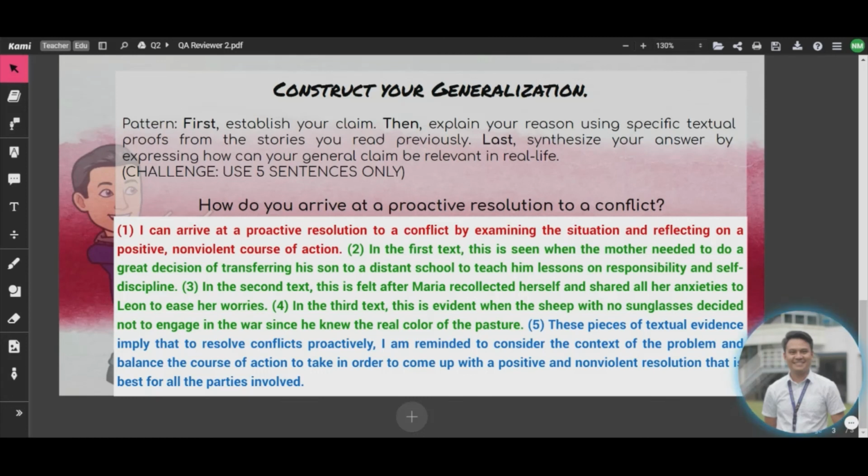That's a one-liner answer, a direct answer to the given question. And then I followed it with 3 sentences that capture the chosen textual evidence coming from the 3 texts given in this activity. And finally, I have my last sentence, the 5th one. This is for me to discuss further the connection of the chosen textual evidence in supporting my claim.